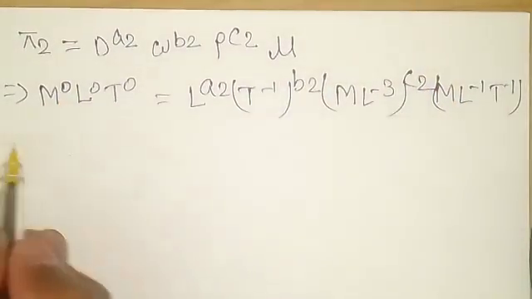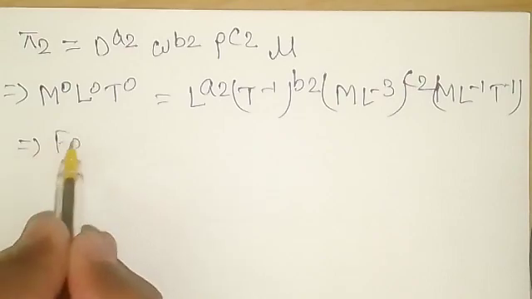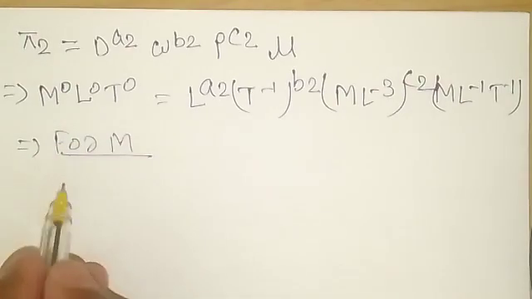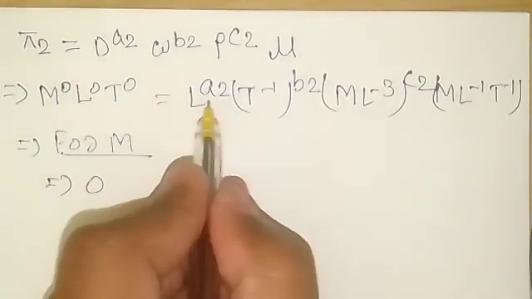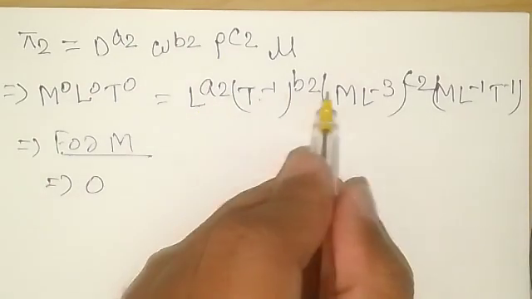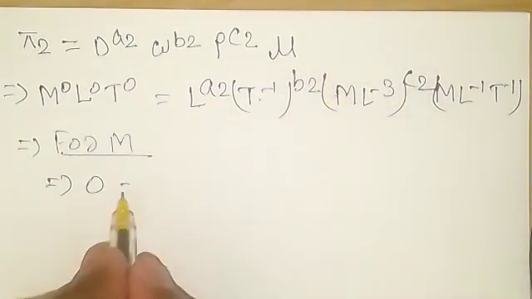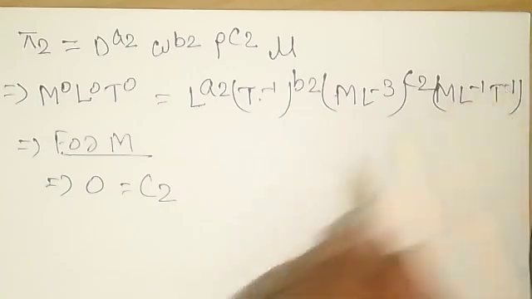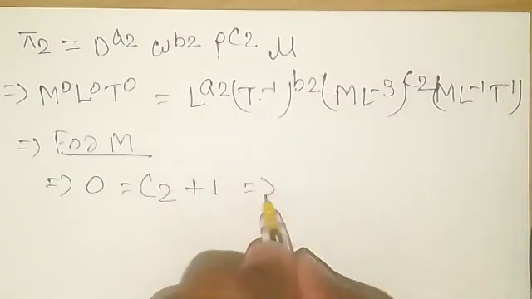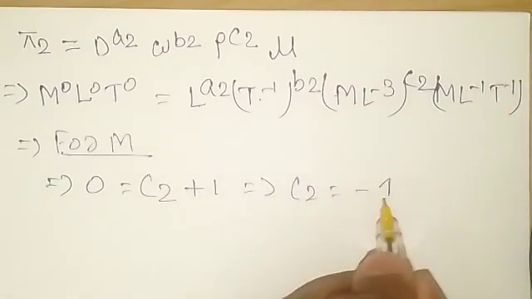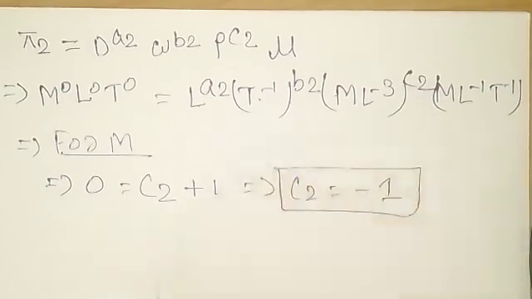Okay, so first for M, we have 0 on one side, and on the other side we have M power c2 and a plus 1, so c2 plus 1 equals 0, that is c2 is equal to minus 1.